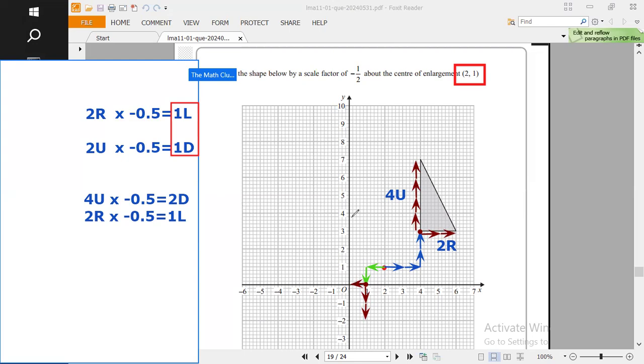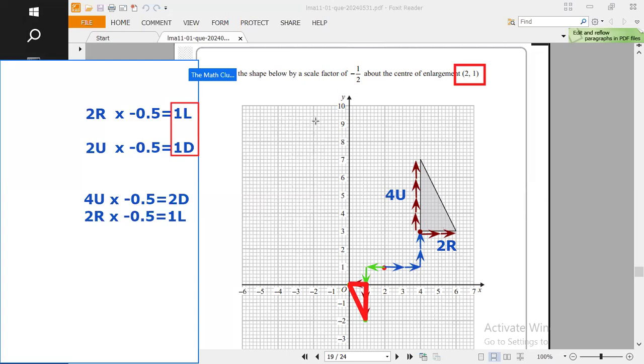Now I can put them here. I'll use a different color so you can see it. So 1 here and 1 here. Now I just connect them with a line to show the new shape. So the new shape will be over here, like this, and like this. And this is the image of enlarging this shape by a scale factor of negative half.